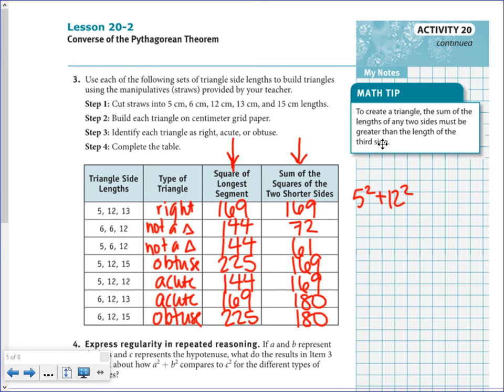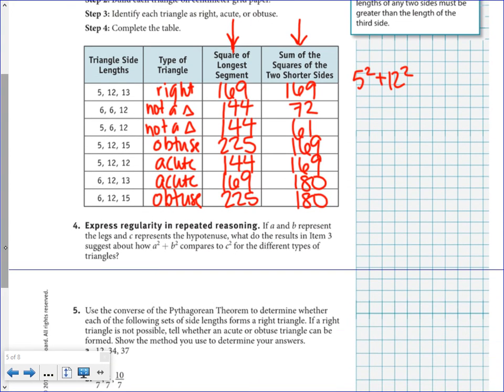So we already know if a squared plus b squared equals c squared, we have a right triangle. So I'm going to write it a little bit differently, and you'll see why in a minute. If c squared equals a squared plus b squared, then that's a right triangle. If you look at the obtuse numbers, so that's this row and this row, what do you notice about your numbers?